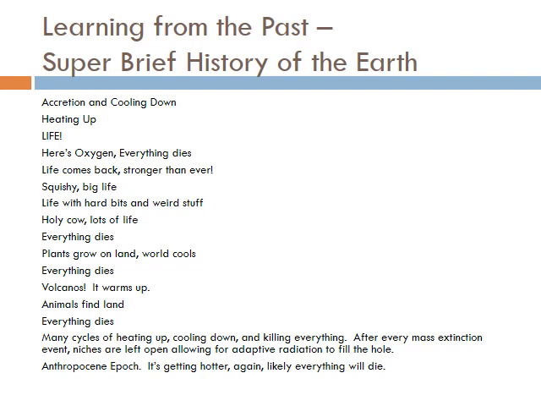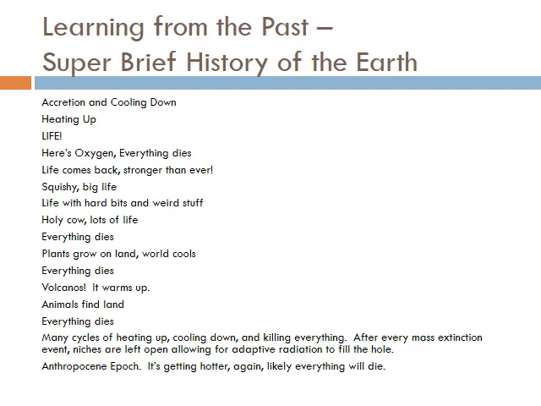Eventually, animals get a foothold on land. We're living there with the plants. And what you end up seeing is cycle after cycle of world heats up, world cools down. So carbon dioxide levels go up, temperature goes up. Suddenly, oxygen levels increase, temperature goes down. With each of those shifts, every time CO2 goes up, oxygen goes down, or oxygen goes up, CO2 goes down, you have a mass extinction event.